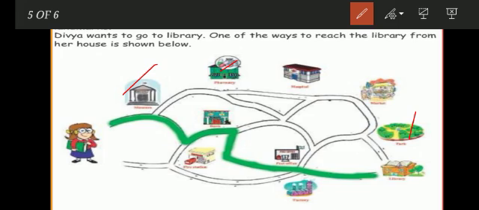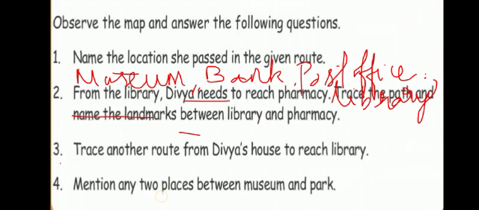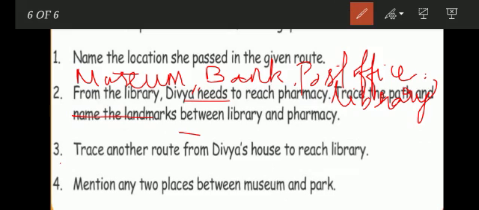Here pharmacy is there, hospital is there, and then market. We write only two places, pharmacy and market. That is the fourth question answer.